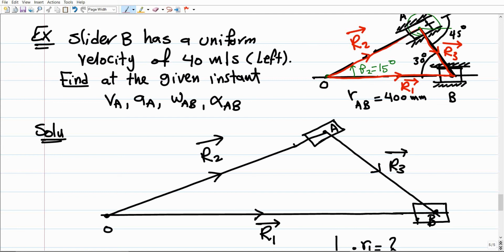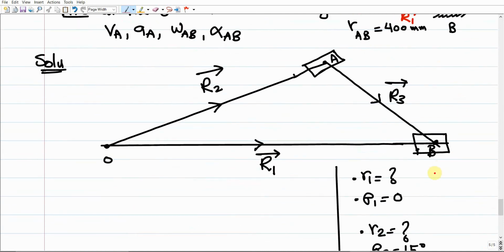Definitely it's going to change. This mechanism is going to have a motion, and slider B is going to move either to the right or the left. It means that the distance between O and B will change. Since R1 is going to change because of the motion, it should be variable. So this is a variable quantity that depends on time.